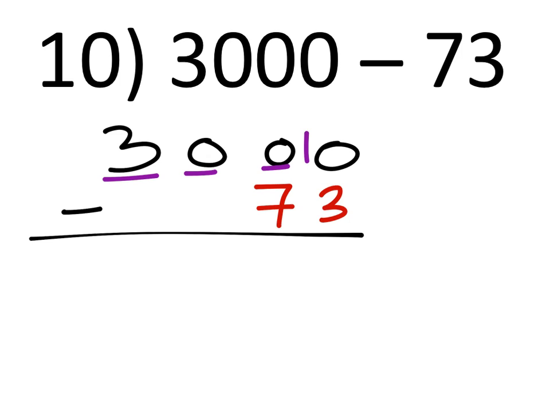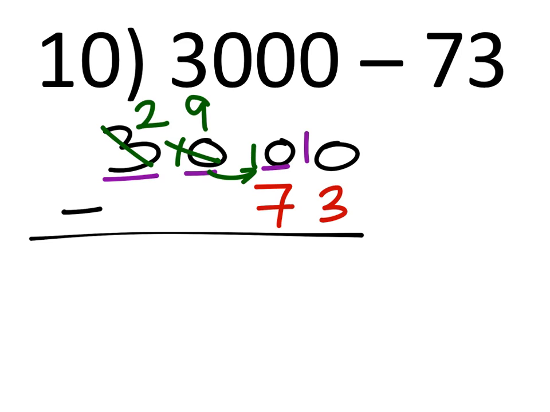All right? So this 3 has to become a 2. And this 0, it would become a 10, but then I've got to take that 10 and move it over to make this one a 10. So that 10 ends up becoming a 9. Is that okay?